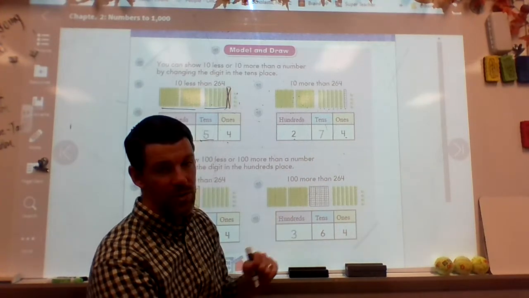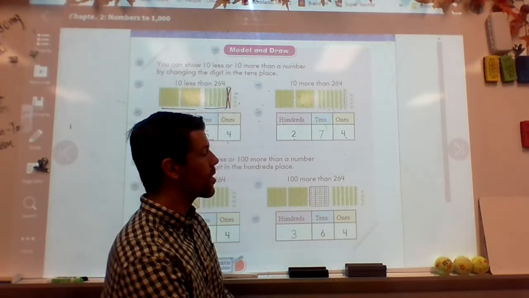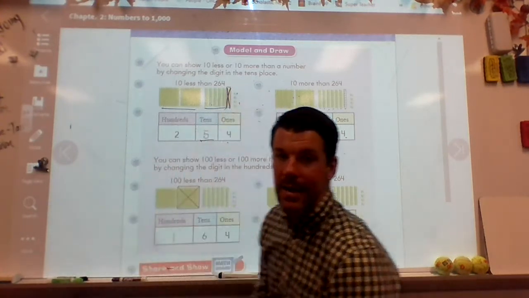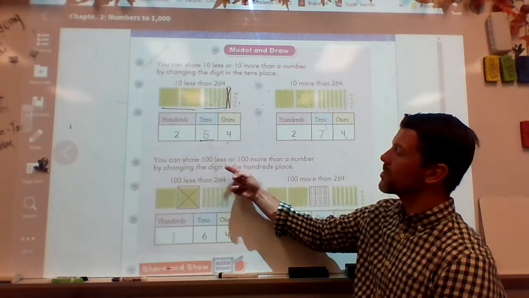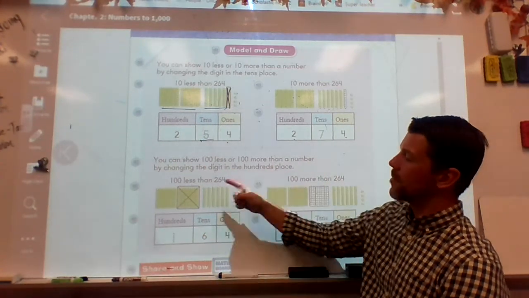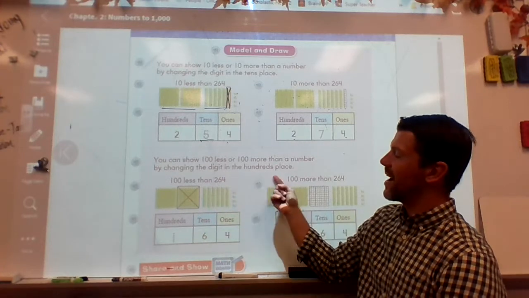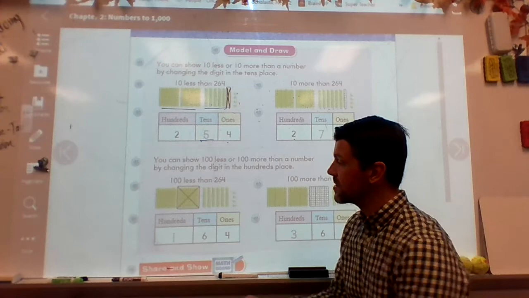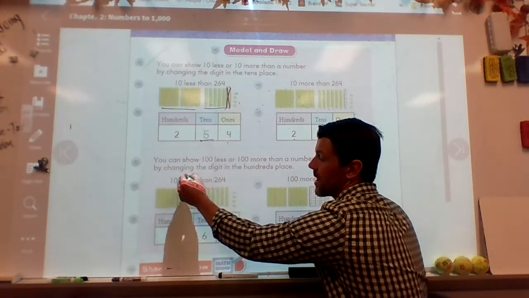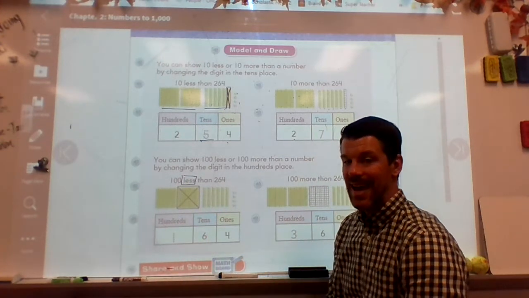Now let's look a little further down that page and look at how we're going to do 100 more and 100 less. So right here it says, you can show 100 less or 100 more than a number by changing the digit in the hundreds place. So let's change the digit in the hundreds place. This is looking for 100 less.